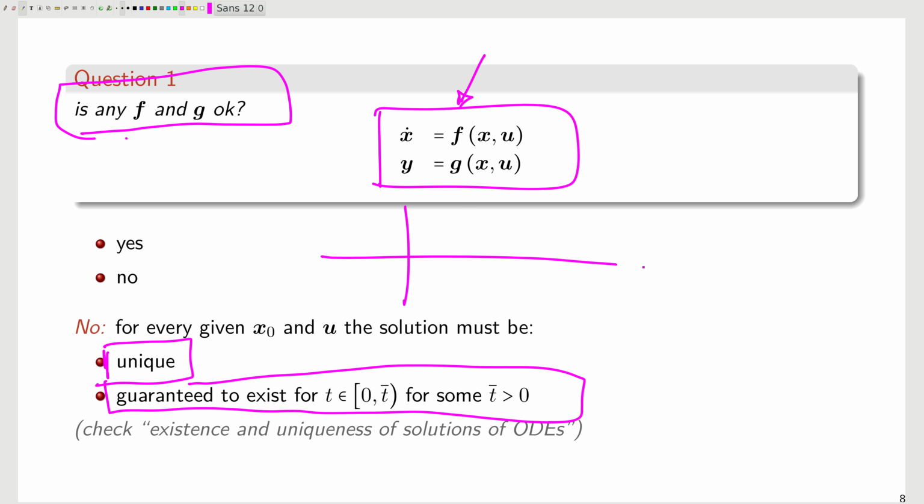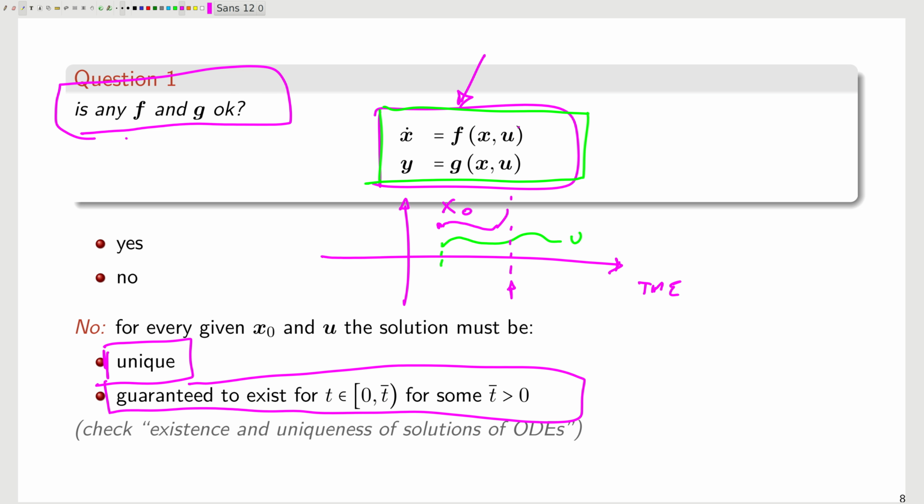If you see it from this perspective, we've got time, we've got a certain initial condition x0, let's say that we've got only one state, and we also have a certain input that is defined in time. Whenever we write a system like this, we would like the system to be well defined, in the sense that we would like x to exist and be unique, at least up to a certain time horizon.